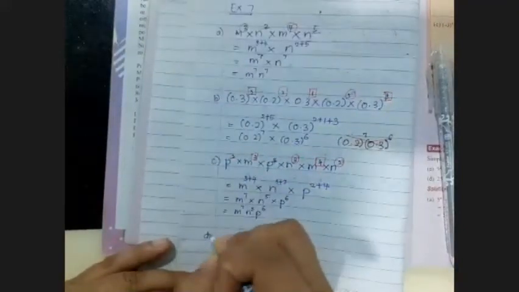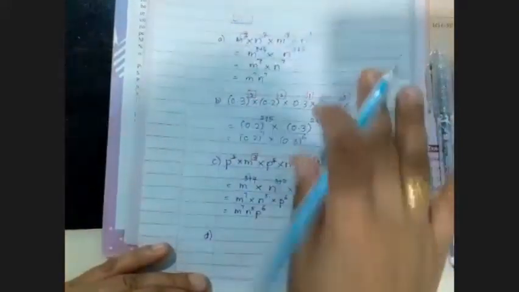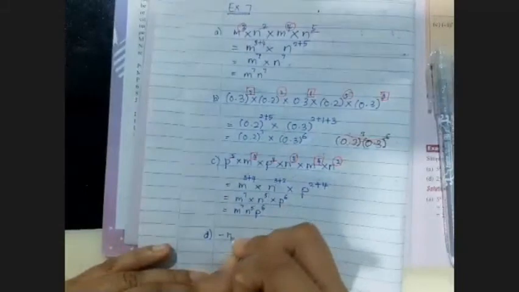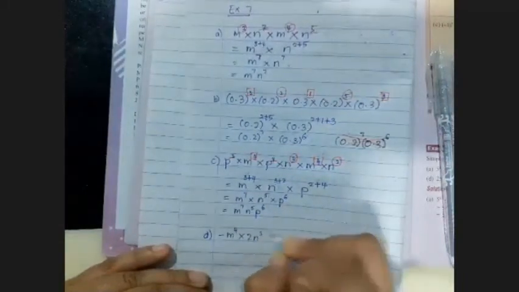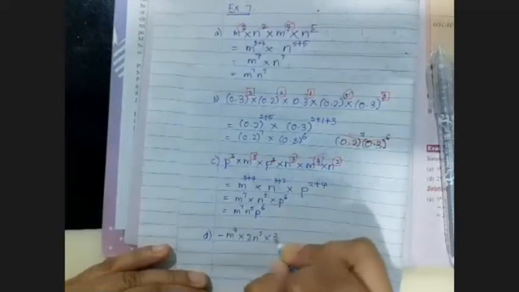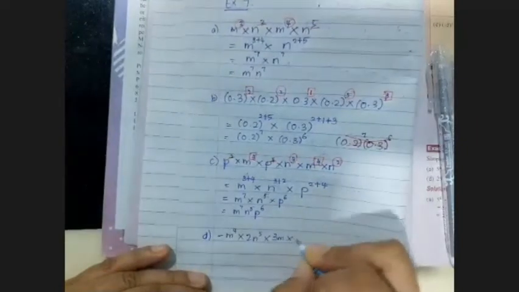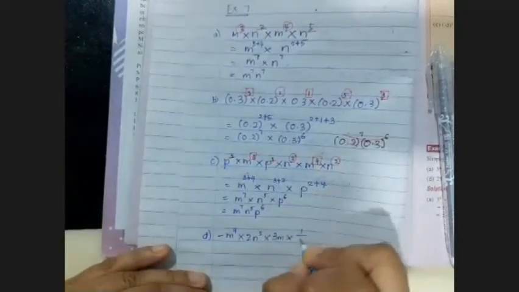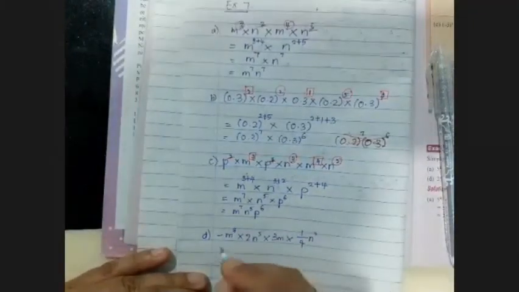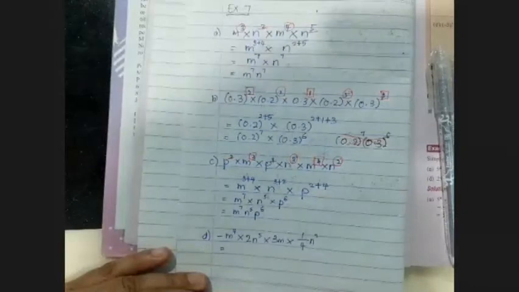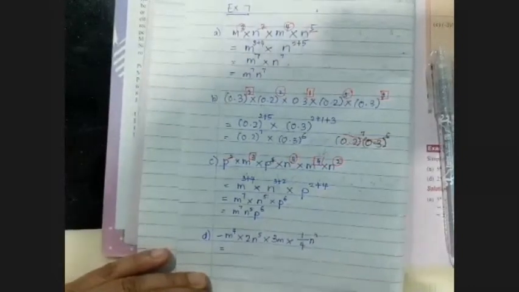The last one for D. Negative m power of 4 multiply 2 n power of 5 multiply 3 power of m multiply 1 over 4 n power of 2. Okay, we multiply the number first.